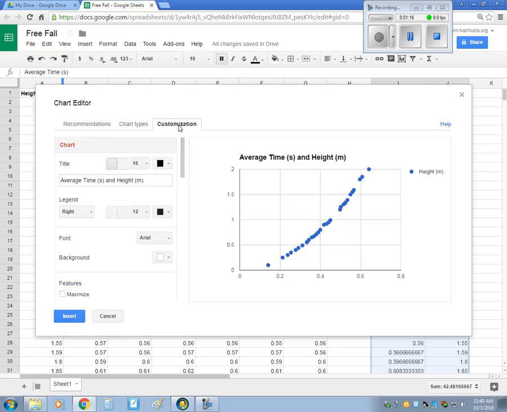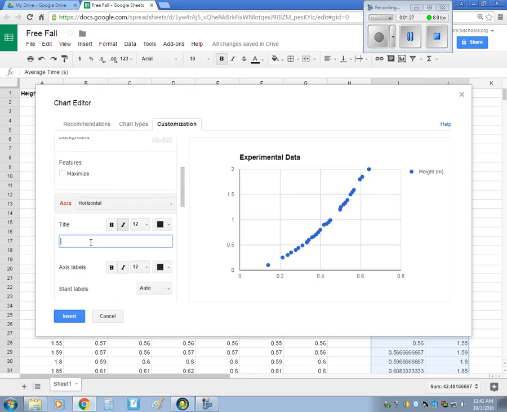And then for customizing it, I'm going to change this title to my experimental data. On the horizontal axis, this is the average time, measured in seconds. And then for the vertical, will be the height, measured in meters.